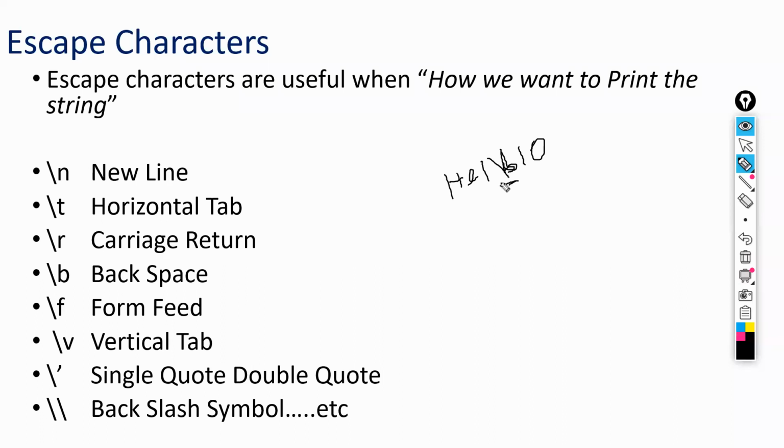What happens is, just like on our computer, backspace deletes the character immediately to the left. Simply it deletes this L, so the output becomes helo. Okay. This is vertical tab. Both are different. And single quote, double quotes, all we will discuss in the code. This is about the escape characters in string data.